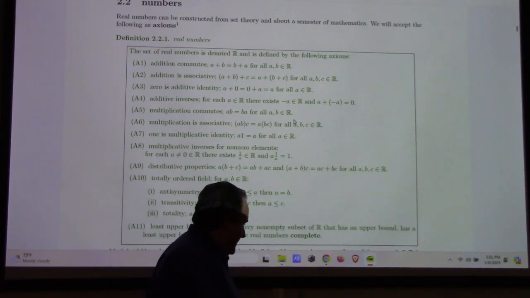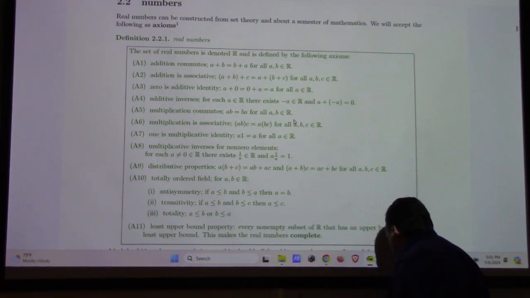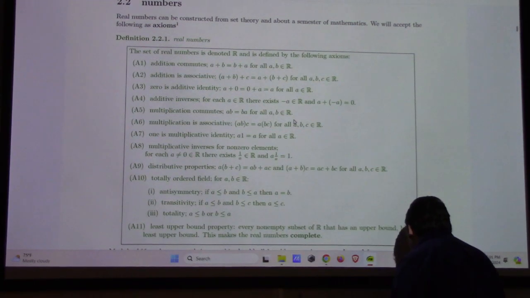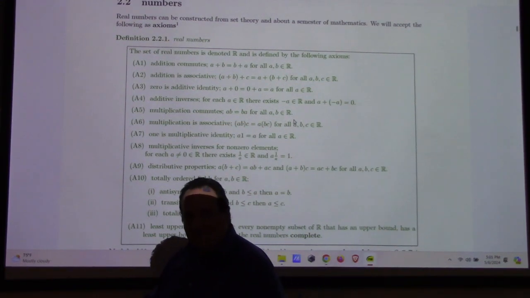The key is that if you have something like this, right? If this is n, and you have, let's say, f of A less than n less than f of B, or f of B less than n less than f of A, right? That makes n what's called an intermediate value.